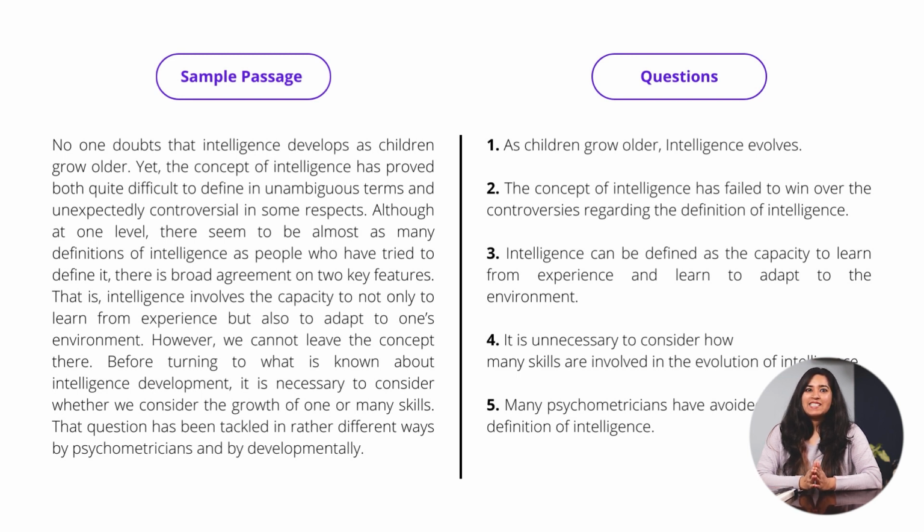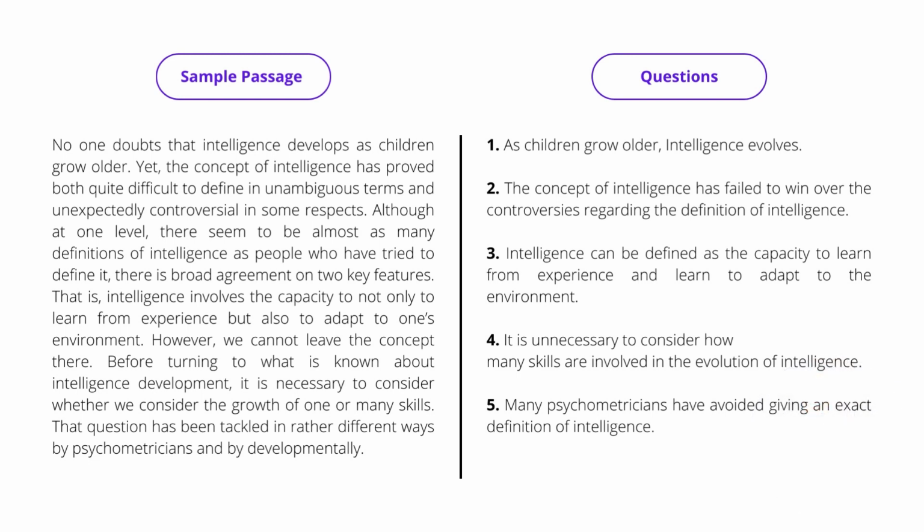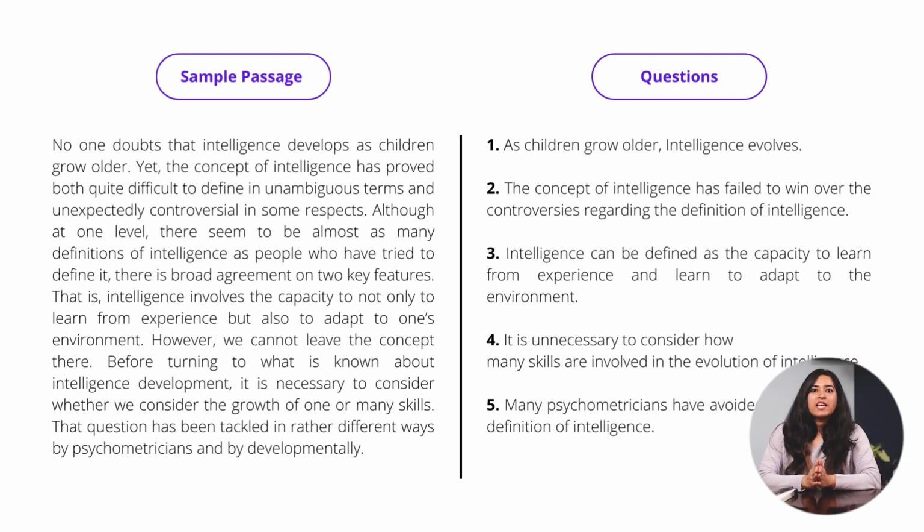Number 3, intelligence can be defined as the capacity to learn from the experience and learn to adapt to the environment. Number 4, it is unnecessary to consider how many skills are involved in the evolution of intelligence. And last but not least, number 5, many psychometricians have avoided giving an exact definition of intelligence. You can take some time to go through the passage and complete the questions, and we will go through them together.